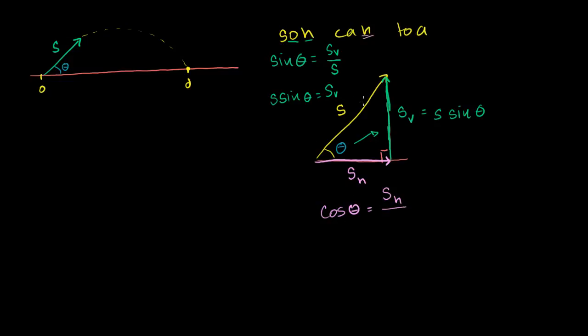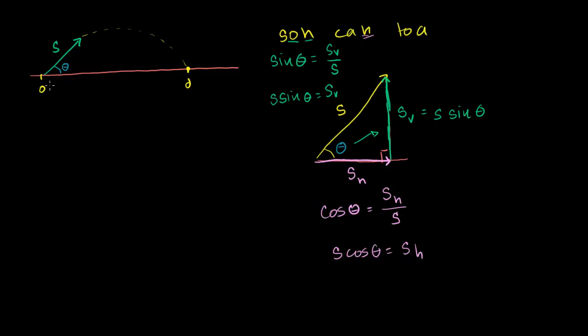The hypotenuse is this length right here, over s. So if we want to solve for the magnitude of the horizontal component, we just multiply both sides times s. And you get s cosine of theta is equal to the horizontal component.